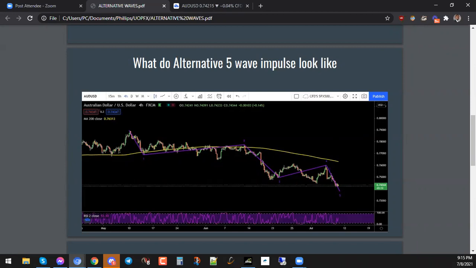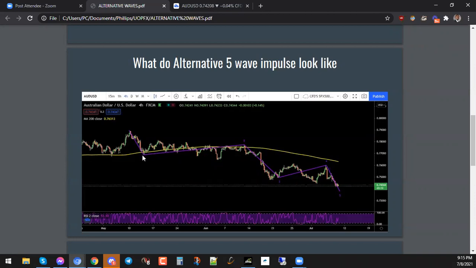Let's give Kevin a chance to submit his comment. Let me know what you see when you look at this chart. Okay, Kevin says not sure what makes the other one complex. So Kevin does not know what makes wave 2 complex.